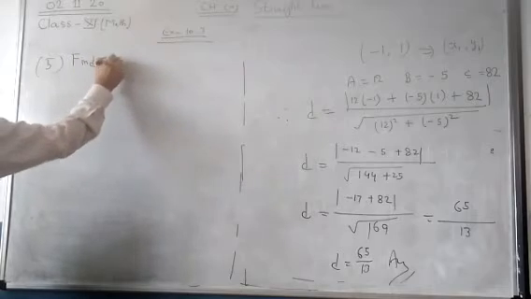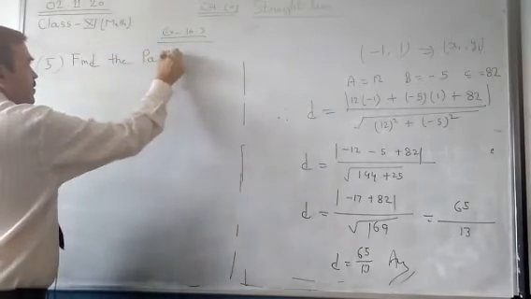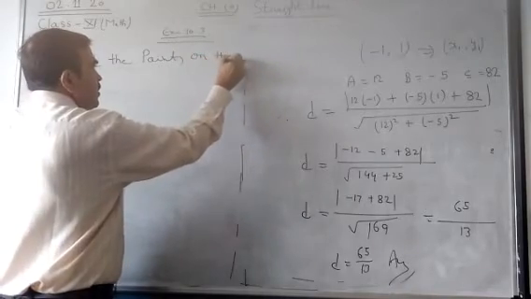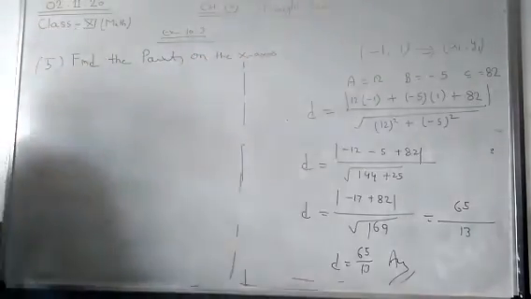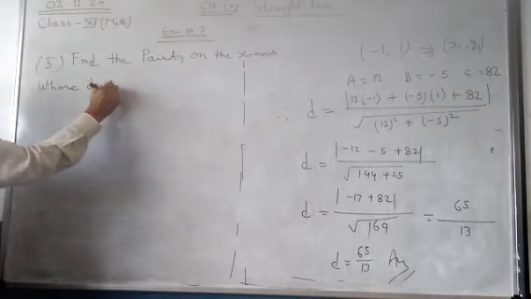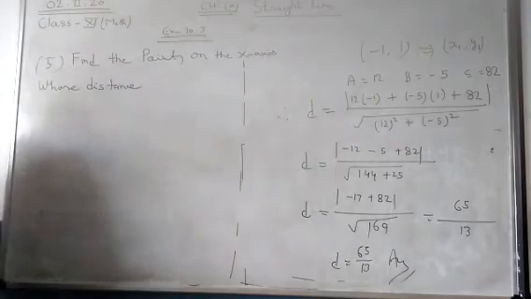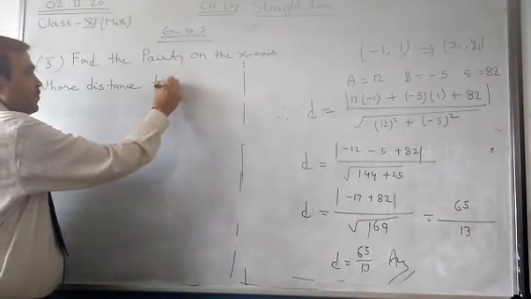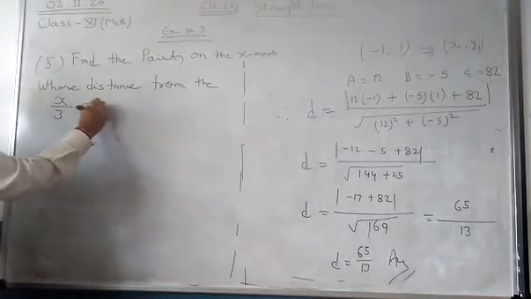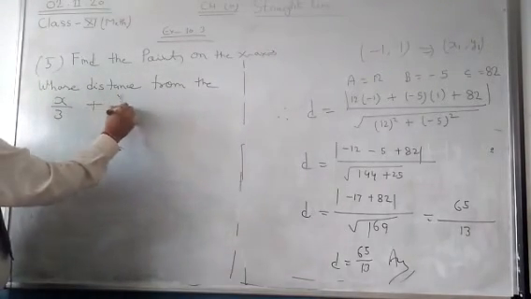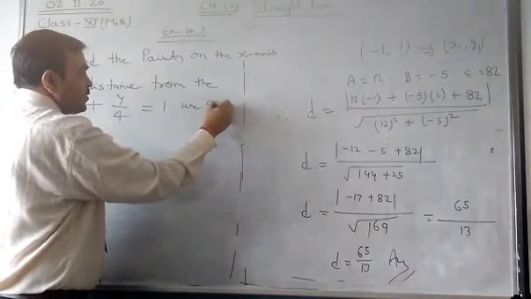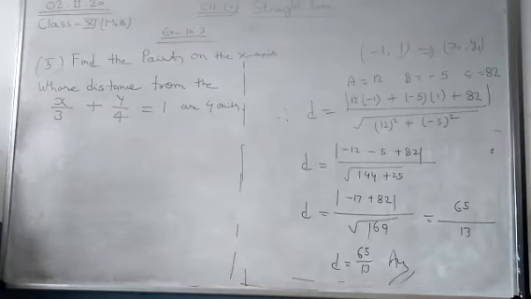Find the points on the x-axis whose distance from the straight line x upon 3 plus y upon 4 equals 1 is 4 units.